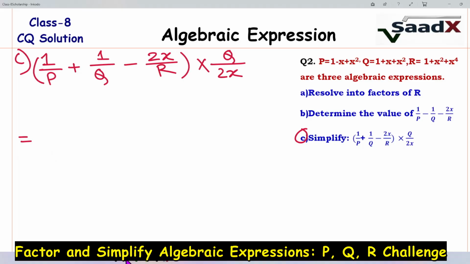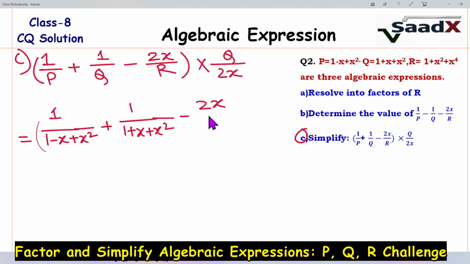First, here is what? 1 by P. It means 1 divide, P means 1 minus x plus x square, right? Then plus Q. Q means what? 1 plus x square minus 2x.